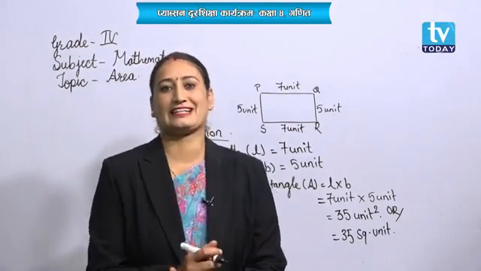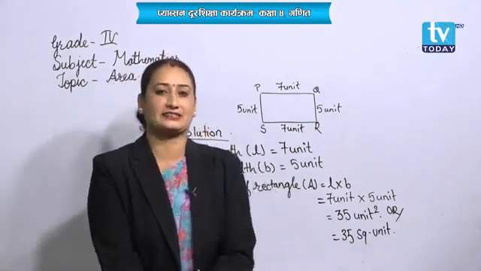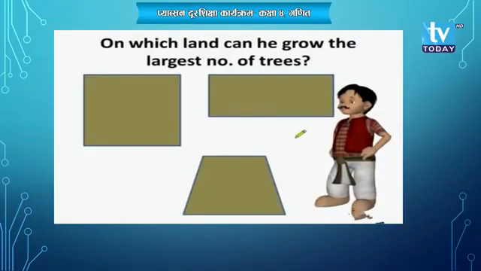Now, let's look at the next slide. Ready? Okay. Now, see here. Wow. What is that man doing over there? He's dancing? No. What is he doing over there? He is just watching the land.